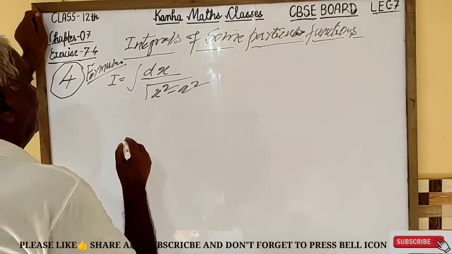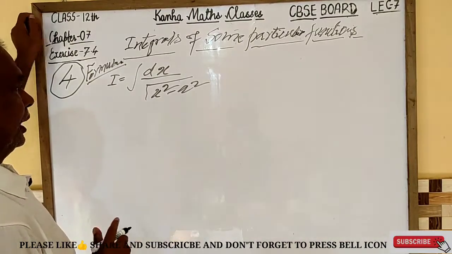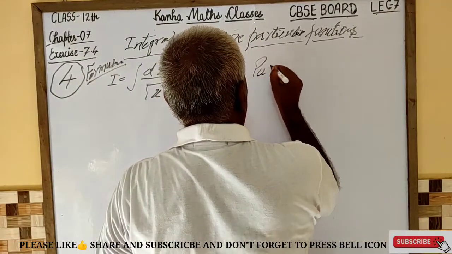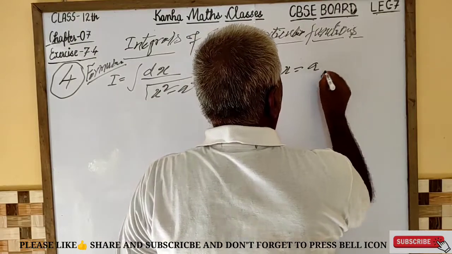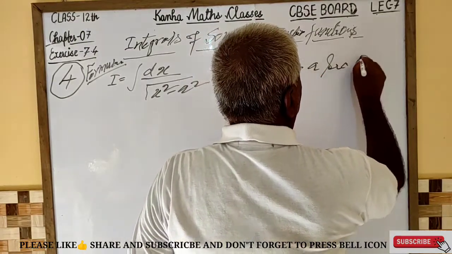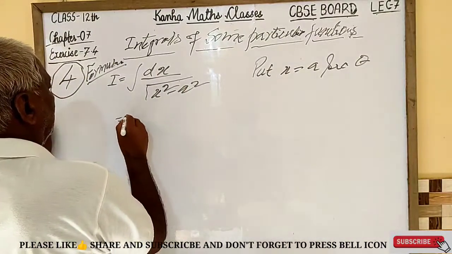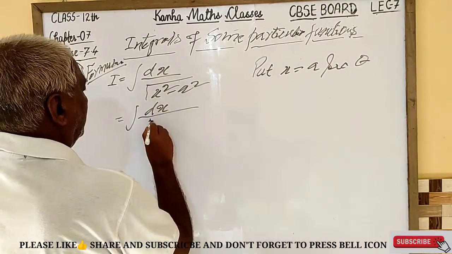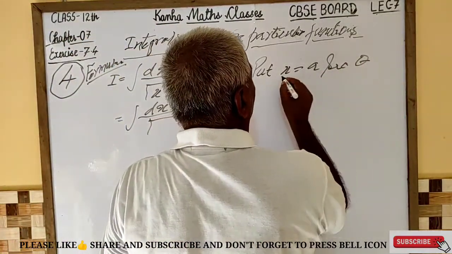Here we will put x is equal to a sec theta. Then we will have dx upon root x square minus a square.